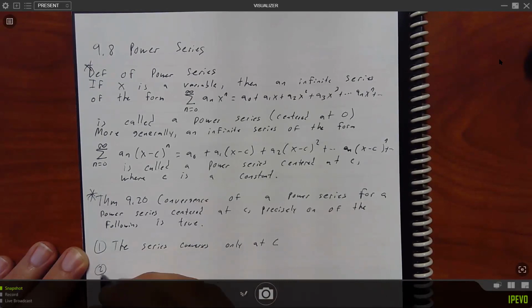Number two. Are you cool with the math symbols?